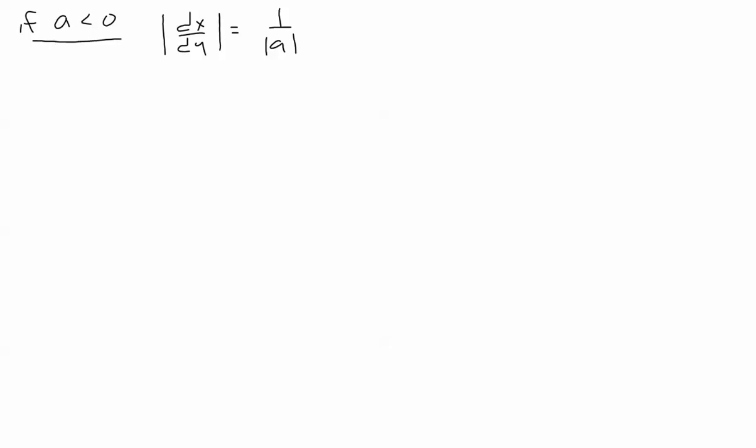I better carry my absolute values now because a is negative. And my probability density function looks something like this: alpha over absolute value of a times e to the minus alpha over a times y minus b.